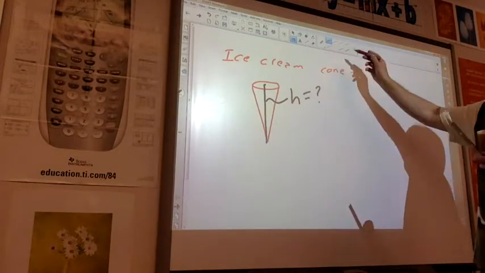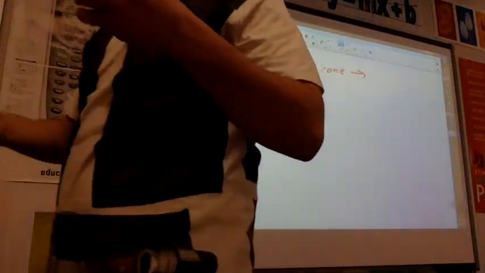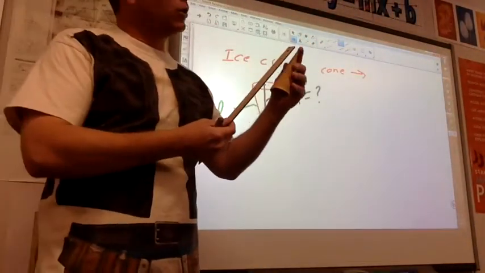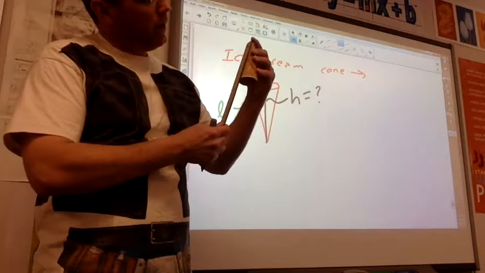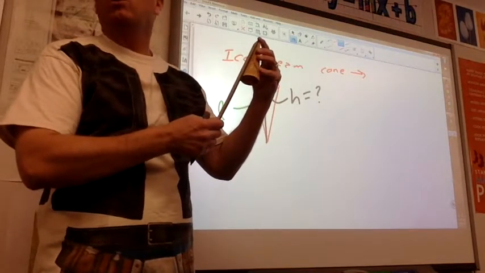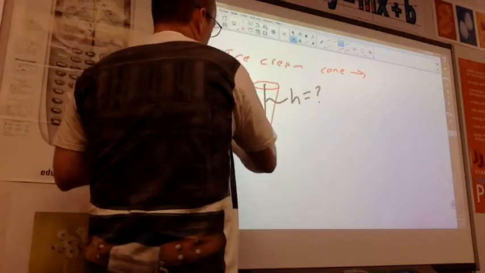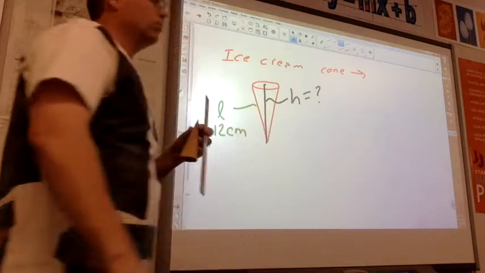But I feel pretty good about the slant height of this object. And the slant height of this object is right down the edge of this. And this appears to have a slant height of 12 centimeters. That seem okay?